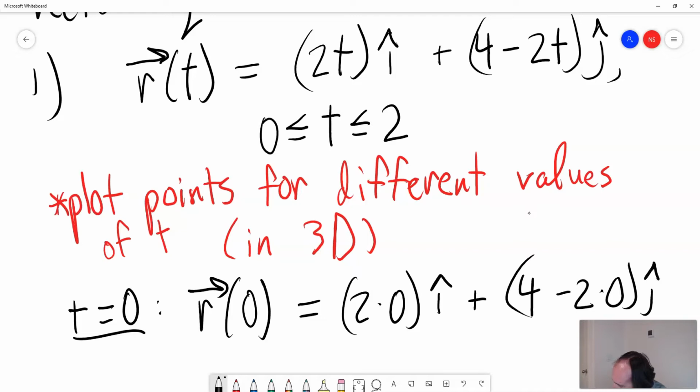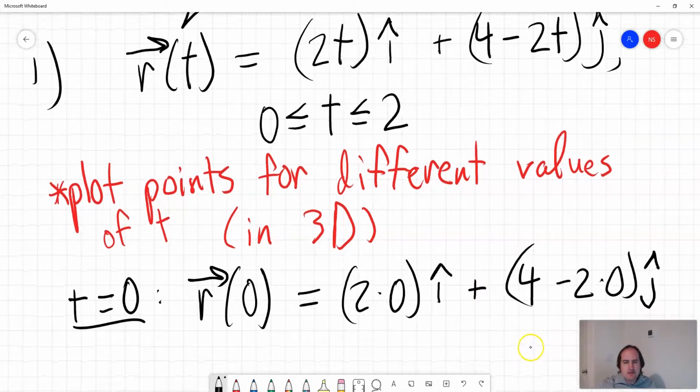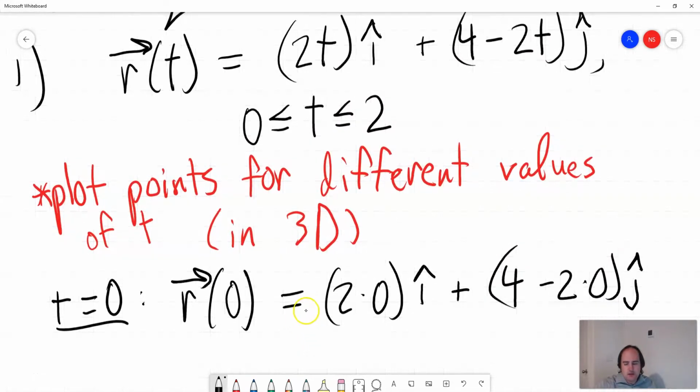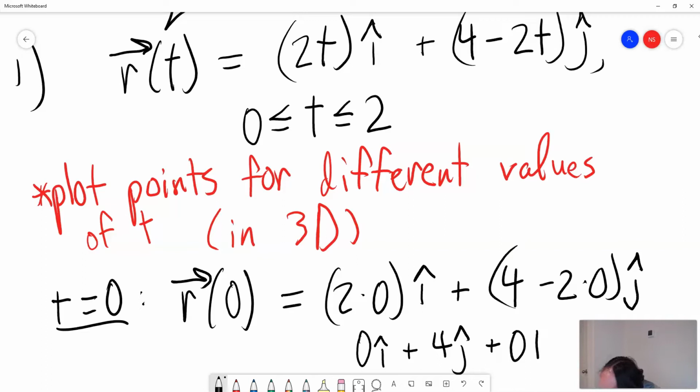There's no k component, no third component. If we simplify this, 2 times 0 is 0, so we have 0i plus 4 minus 2 times 0, which is 4j. Even though we don't have a k component, I'm going to write plus 0k.